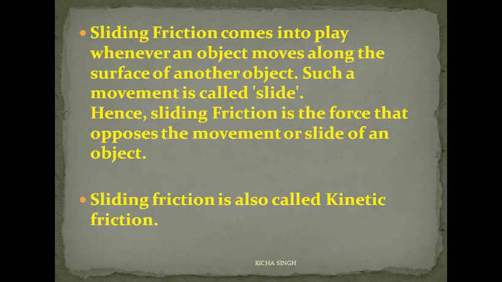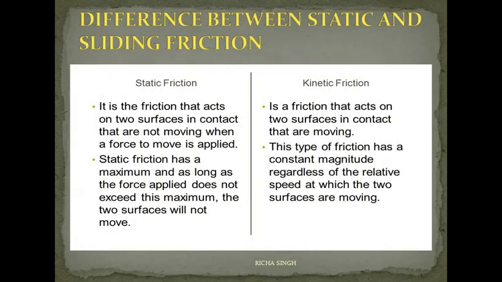And when the object is stationary, as in the case of static friction, the entanglements are larger in number. Therefore, sliding friction is less than static friction. Okay. So these are the differences between static and sliding friction.